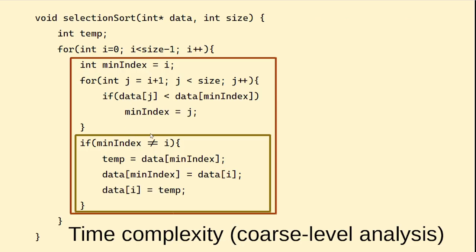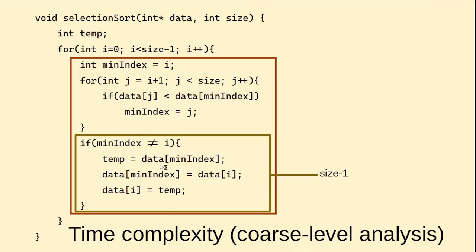Just to clarify, sometimes in some iteration this swapping may not be executed, sometimes it may be executed, but in the worst case we can assume that swapping is executed for all the external iterations. That means the complexity contributed by this swapping operation for the entire execution of the algorithm will be only size minus 1.